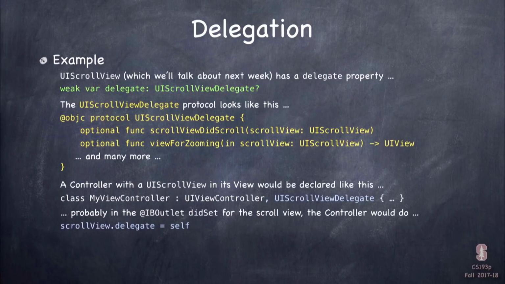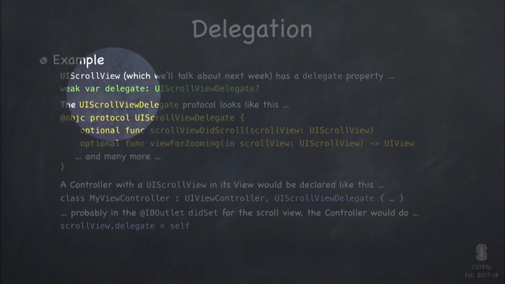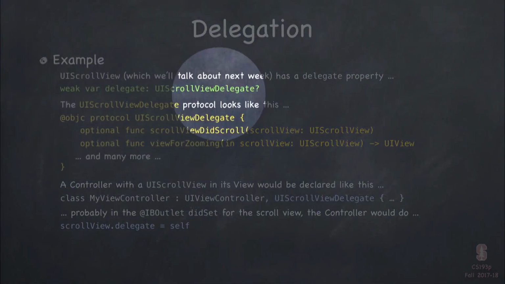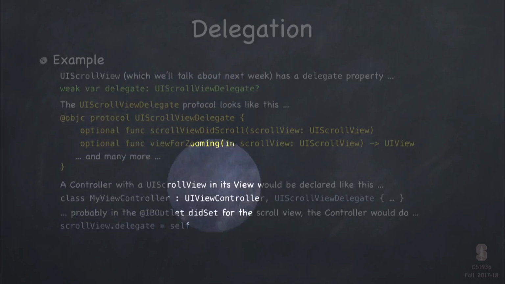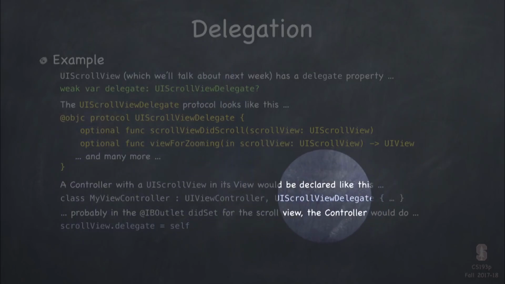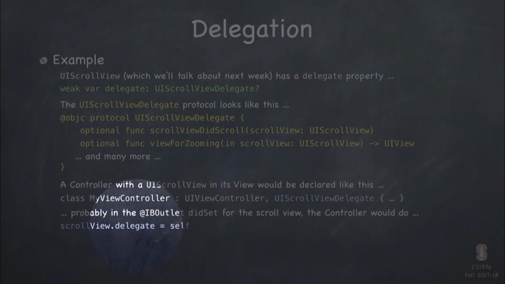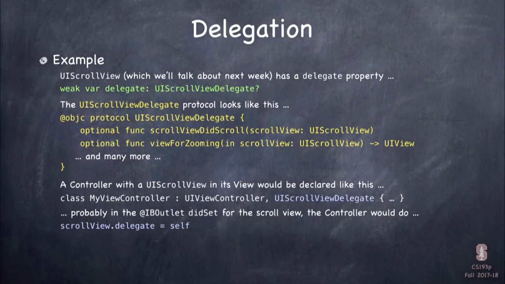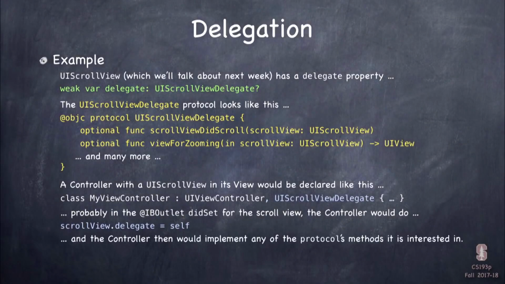This is a legal statement to say because delegate, which is this thing up here, okay, is of type UI scroll view delegate, and my view controller says over here that it implemented that. So it's legal for it to set itself as the delegate. Okay, and once it does this, they're hooked up, and now the view can send will, did, should to the controller all at once. Okay, so that's delegation, probably the most obvious uses of protocols.